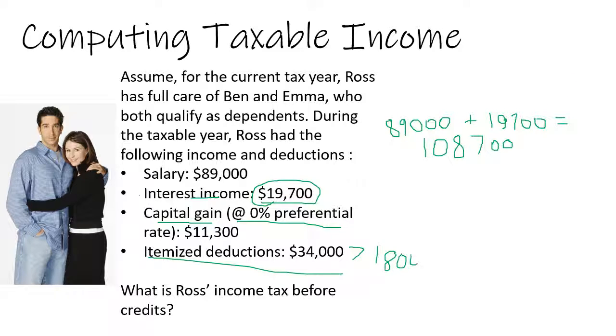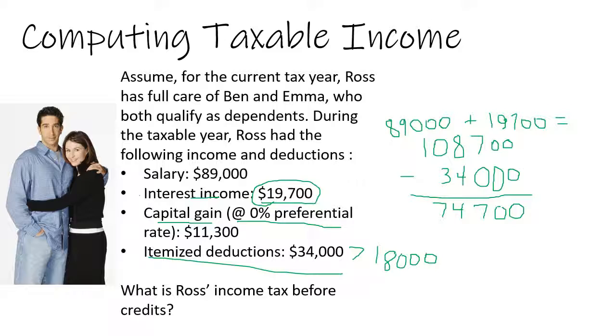So Ross should itemize. Hence, Ross's taxable income after subtracting his itemized deduction is $74,700.